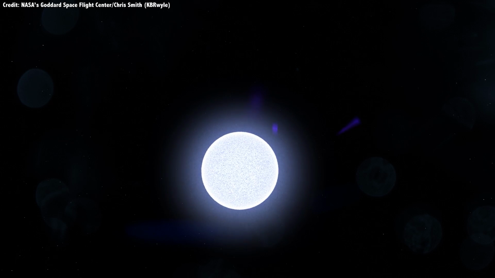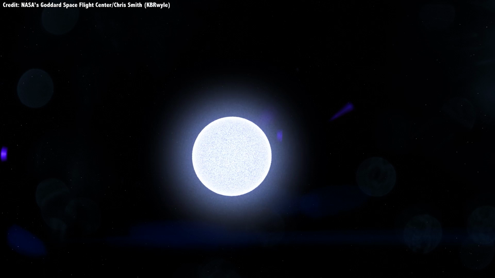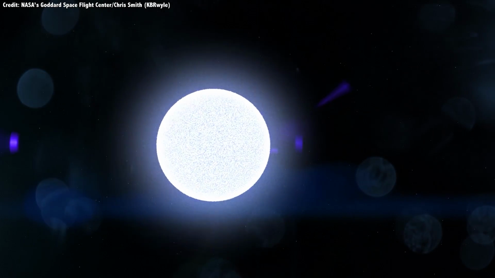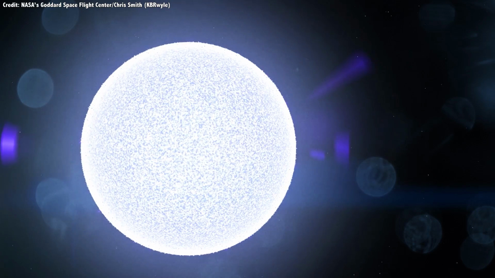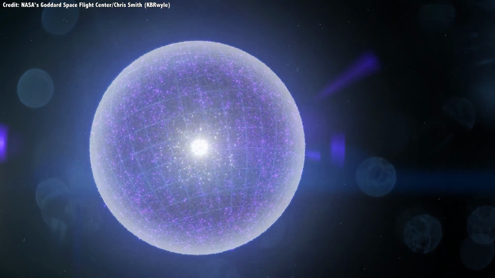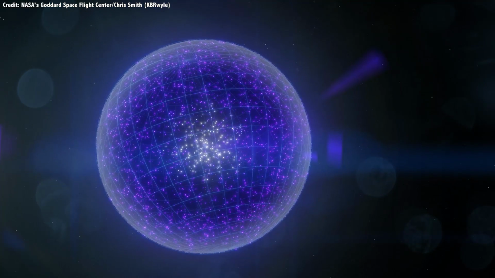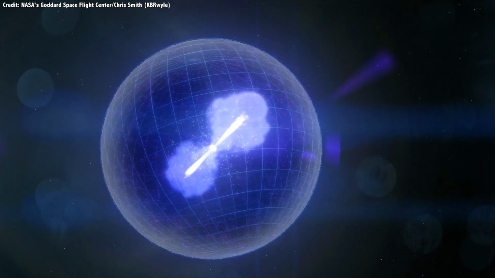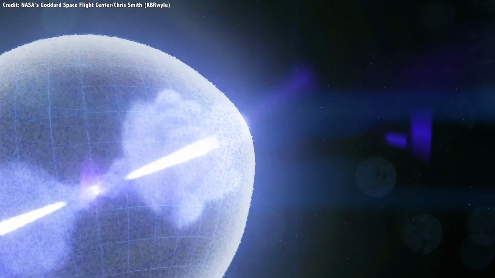And astronomers are fairly sure at this point that a gamma ray burst is a kind of really powerful star that dies and detonates as a supernova, but it's got this incredibly tangled up magnetic field. And so when all of the energy detonates out of the star, it's channeled along these magnetic field lines.